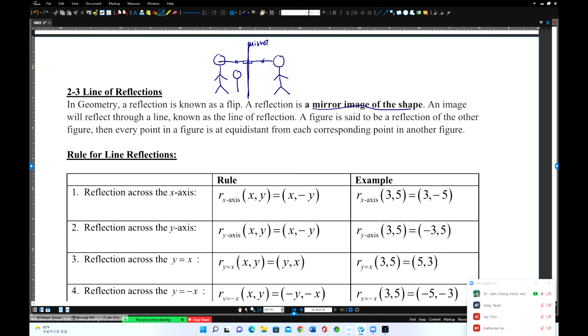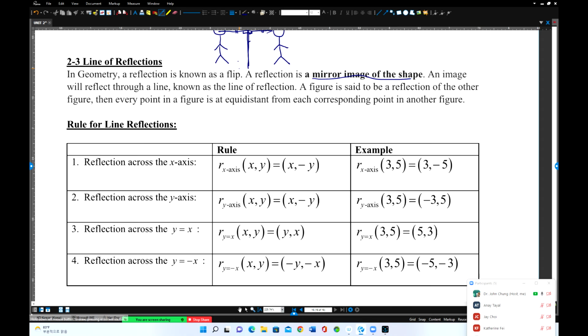It can be over here, right? Lines are always perpendicular, and they have the same distance. This is the line reflection. Just make it perpendicular, that's it. Also, line reflection has a rule. We have special angle lines for line reflection.